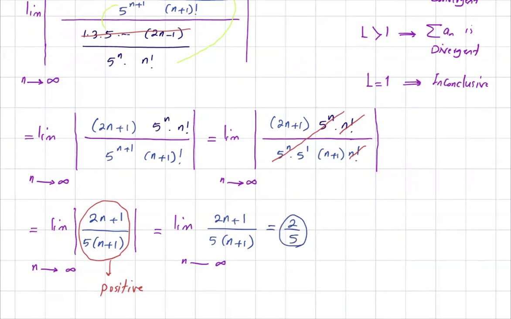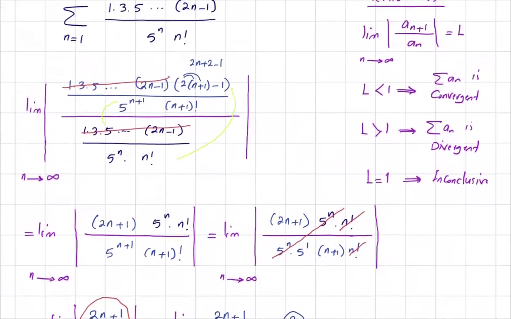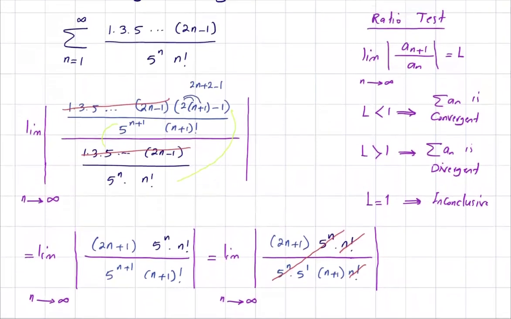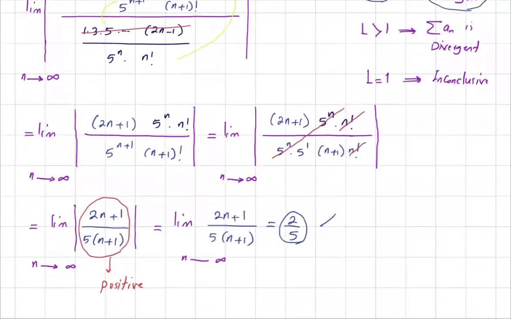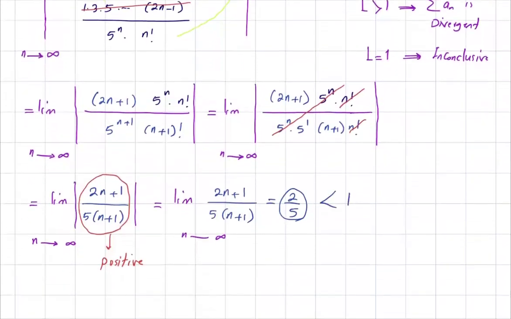What's the meaning of that? Let us take a look at our ratio test. We found this L, and this L is less than 1, so we can conclude that the series is absolutely convergent, or it is convergent. So this is our conclusion.